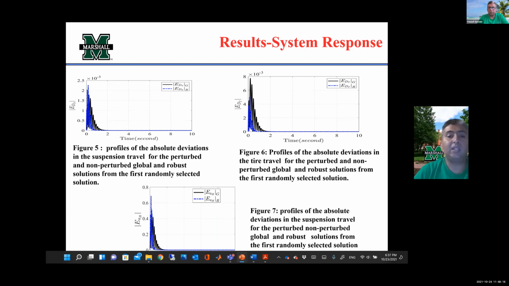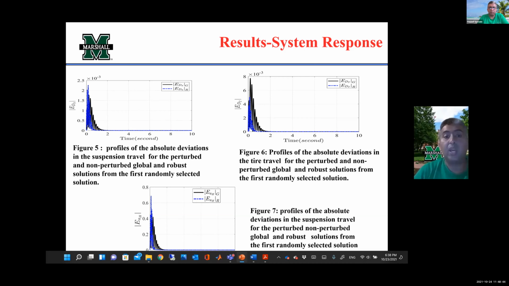We want to see which one actually is more robust. You can notice that the blue one, even though it witnesses an increase at the beginning, decreases very quickly. This is the robust solution compared to the black one in all cases, which actually proves that the robust multi-objective optimization is working very well, and it's actually robust to the perturbation. And we expect that if we implement this for a passive suspension system, it will give us better results.